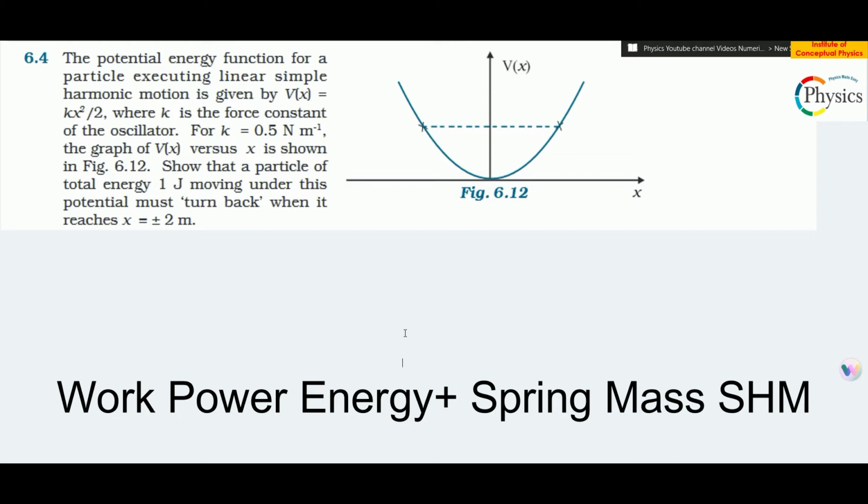You may not have reached the topic of simple harmonic motion, but even without that, if you have studied the spring in the chapter of work power energy in NCERT, for example, they have explained a conservative force, which is a spring force, and the potential energy associated with motion of a body attached to a spring. So even if you understand that, you should be able to solve this.